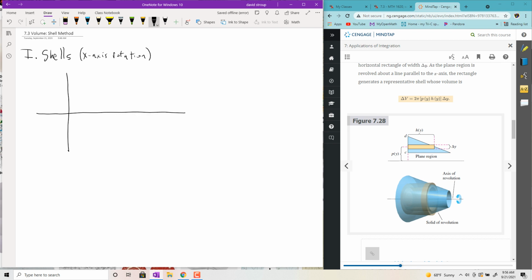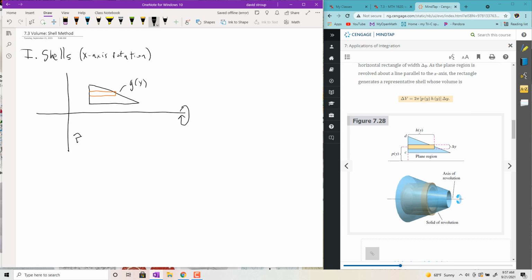With shells, the rectangles are going to be parallel to the axis of rotation. That's a little bit different than what we saw with our disk and washer method. Here's one of our rectangles, that red thing, for the shell method, and we're going to rotate it about the x-axis and generate this new object.